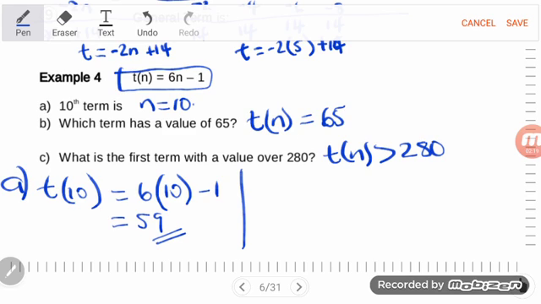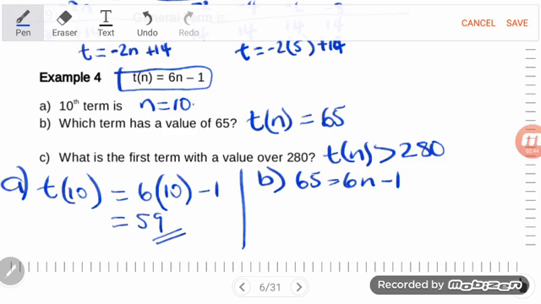Okay, now our B. Which term has a value of 65? So here we've got Tn is equal to 65. So we put 65 first, where our Tn would normally go. See our equation up here, T of n is equal to 6n minus 1.